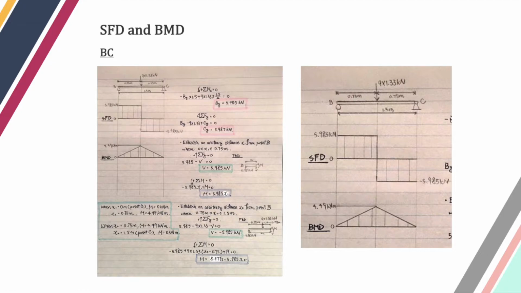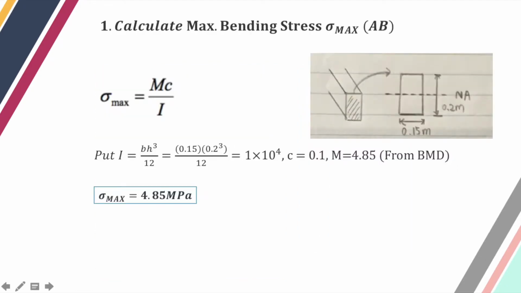After the calculations, SFD and BMD are obtained, which show how the shear force and bending moments vary along the beam. Then our task 3 starts with beam AB. The first thing is calculating the maximum bending stress.